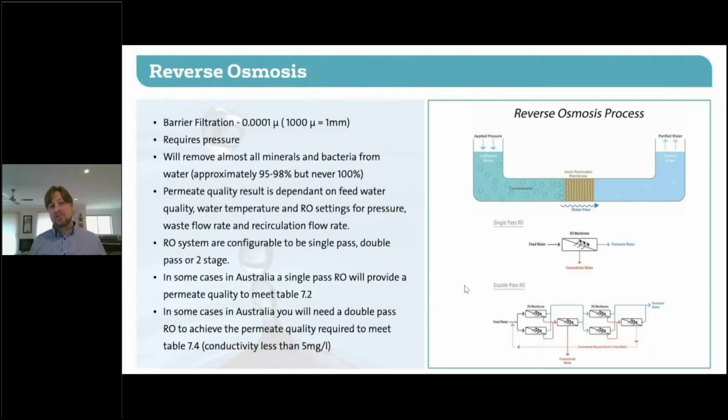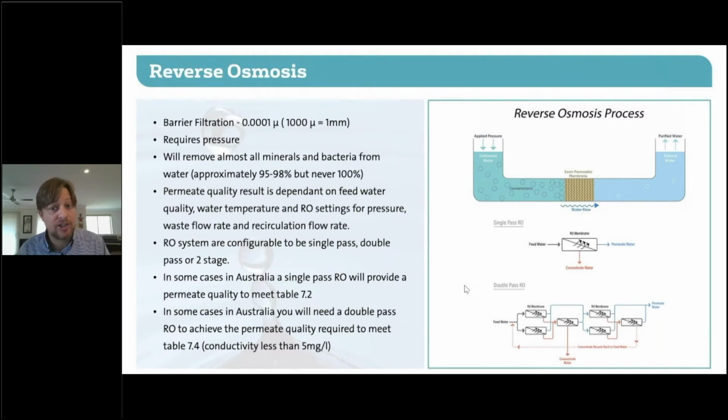So the second stage we talked about of our three-part solution is your reverse osmosis. For those of you who aren't familiar, reverse osmosis is a barrier filtration solution. It's a semi-permeable membrane where pure water is forced through the membrane and the contaminants in the feed water are blocked by the membrane.